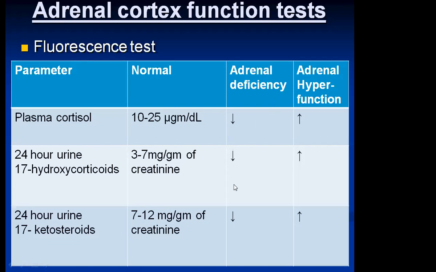In adrenal deficiency, this will decrease, while in adrenal hyperfunction, this will increase. Even if you don't remember the normal values of all this, it doesn't matter. You should at least know in which condition they are going to decrease and in which condition they are going to increase. Okay, so this is one test, that is the fluorescence test.